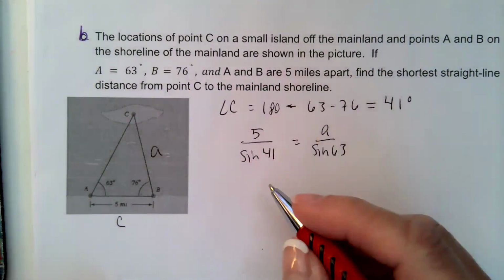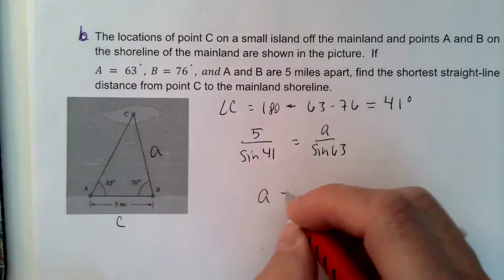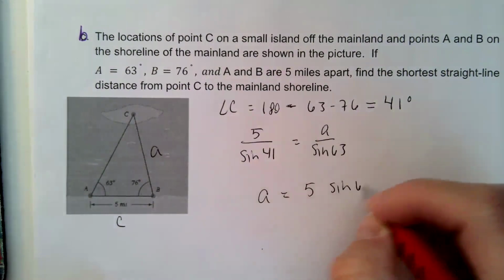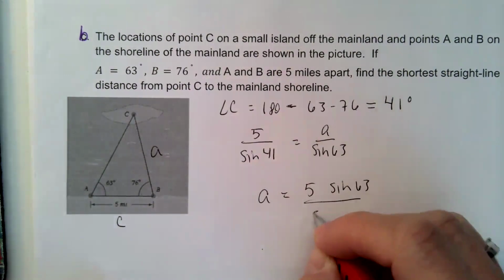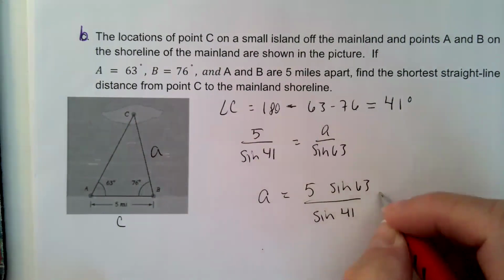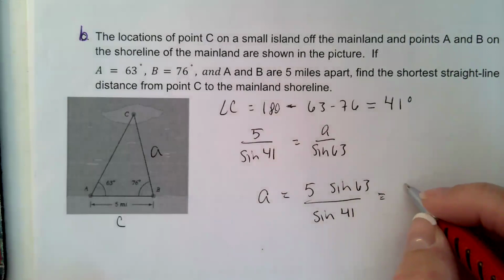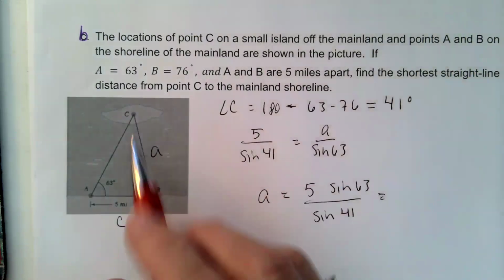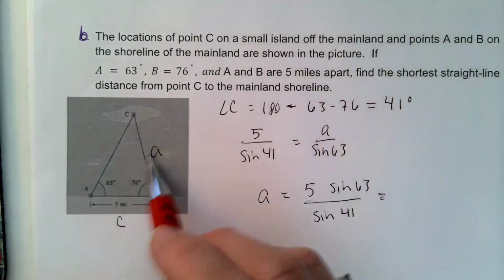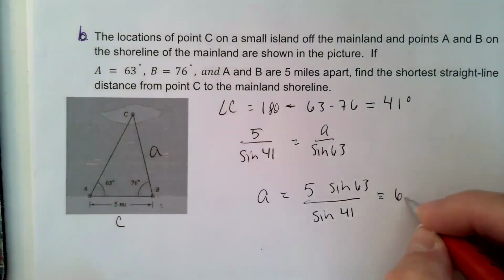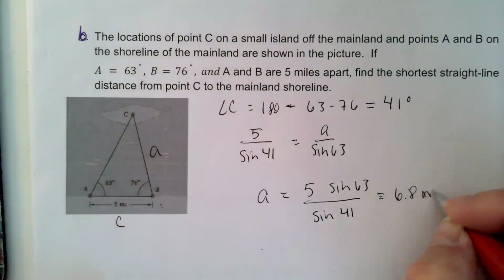So we can find side A as 5 times the sine of 63 over the sine of 41. And so the shortest distance from the island to the mainland would be going along side A, and it should be 6.8 miles.